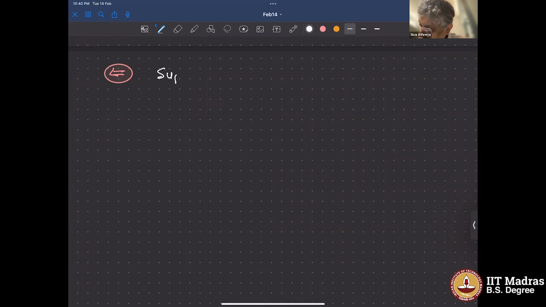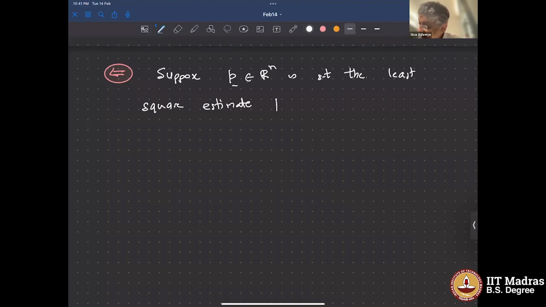Suppose that P in R^n is such that the least square estimate of P transpose beta is unique. So then what does it mean?